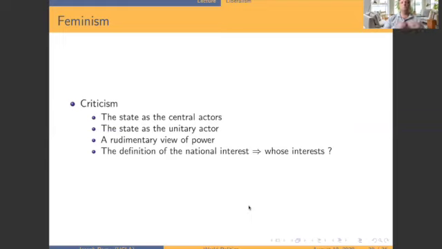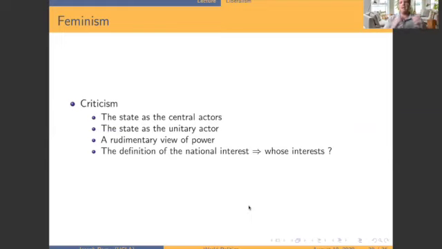Lastly, traditional schools of thought focus on the so-called national interest. And feminists critique this by asking, whose interest? Since men have traditionally dominated the state, domestic politics, and indeed the international system, the national interest is invariably incomplete.